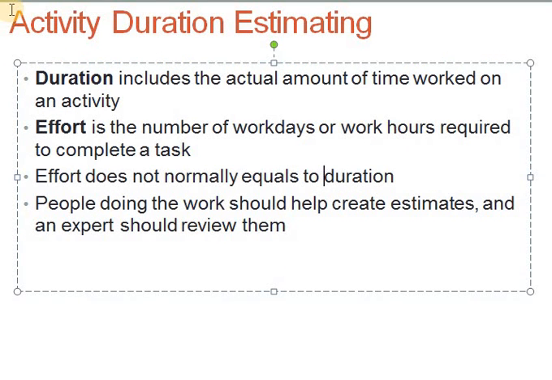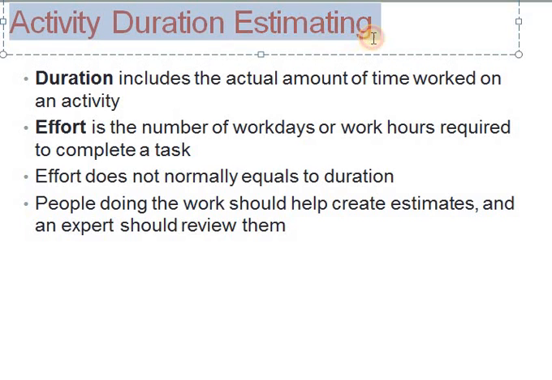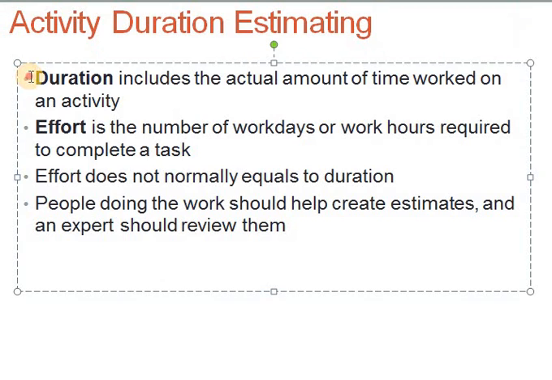So now we will see what is activity duration estimating. What is duration? Duration includes the actual amount of time worked on an activity. So basically it's the time which will be used to work on some specific activity for its completion. And what is effort?